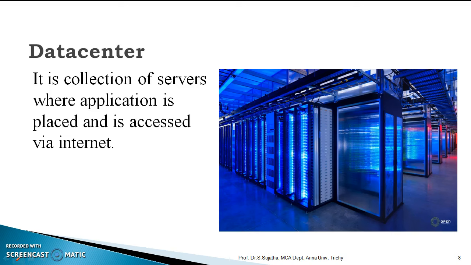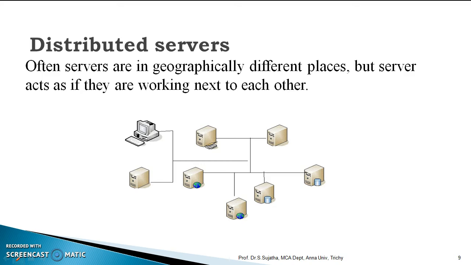Data center. A data center is a collection of servers where the application is stored, and these applications can be accessed by the consumer through the internet. Distributed servers, as we all know, are servers geographically located in different places, all working next to each other.